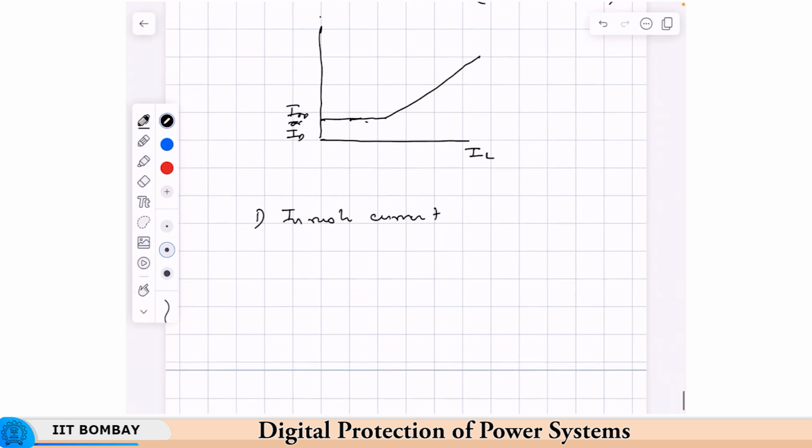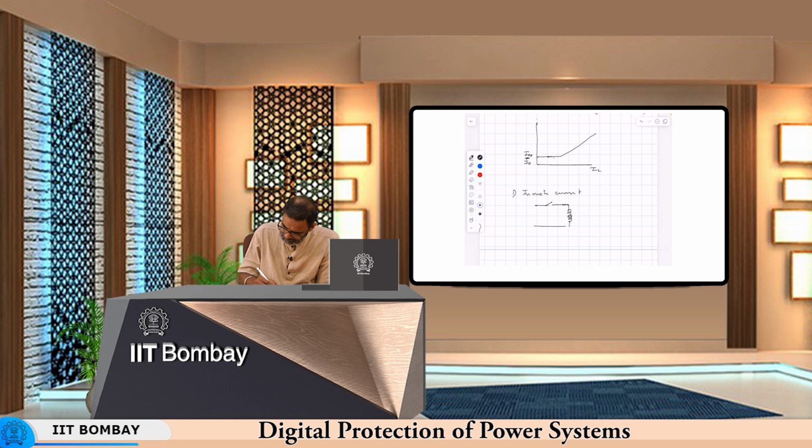We will have a look at it from a circuit viewpoint, and then I will also explain from a phasor kind of, or rather the sinusoids, what happens actually. Say this is a transformer which is energized at t is equal to 0. Open circuited transformer energized at t is equal to 0.